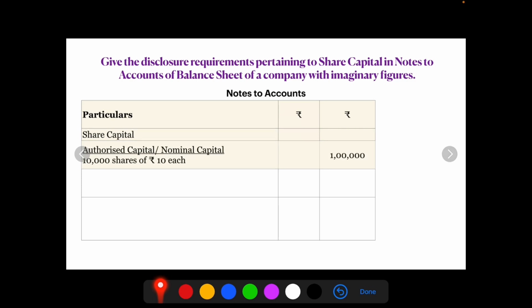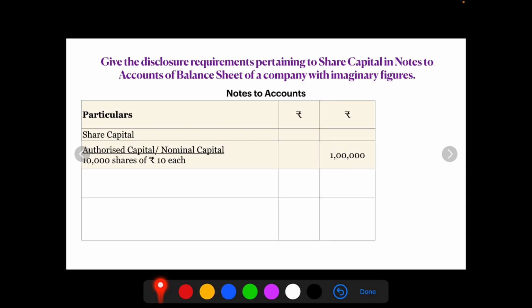To begin with, here you can see authorized capital or nominal capital, or we can also call it registered capital. So what exactly is this? It is the amount of share capital which a company is authorized to issue, which is mentioned in the memorandum of association. So now I want you to look into the chapter accounting for share capital.